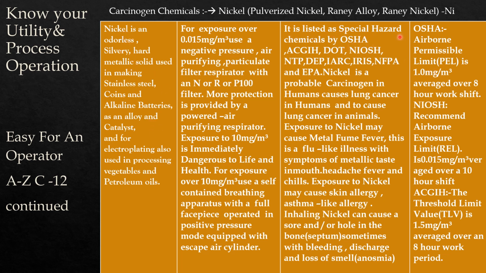It is listed as a special hazard chemical by OSHA, ACGIH, DOT, NIOSH, NTP, DEP, IARC, IRIS, NFPA, and EPA. Nickel is a probable carcinogen in humans, causes lung cancer in humans, and lung cancer in animals also.